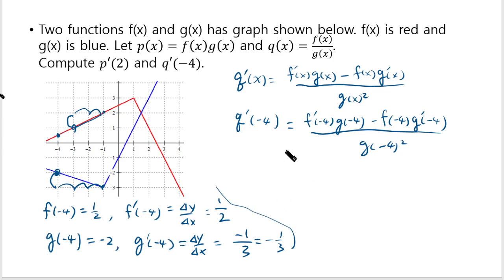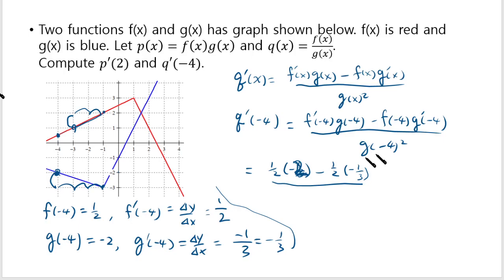Now we can plug them in here: f'(-4) is 1/2. G(-4) is -2, sorry, I misspoke earlier. Minus f(-4), which is 1/2, times g'(-4), which is -1/3. It looks good.